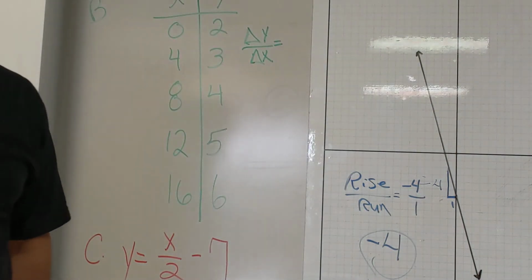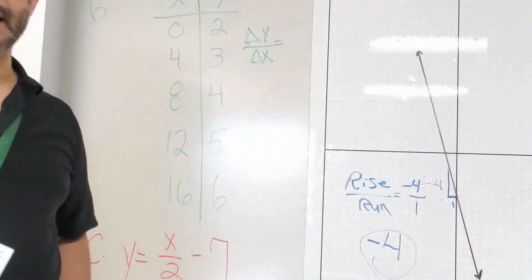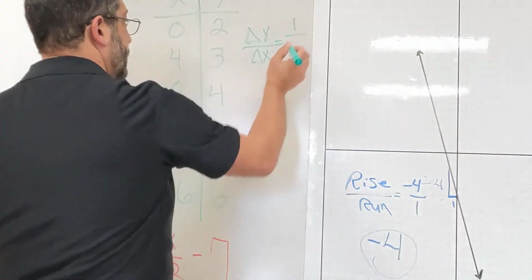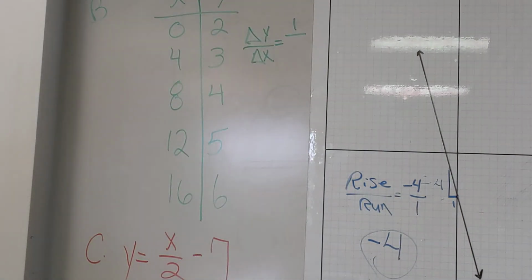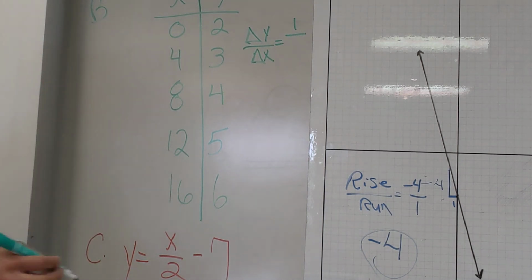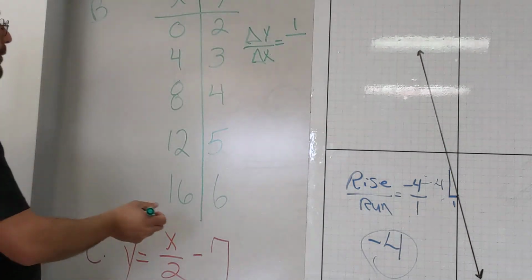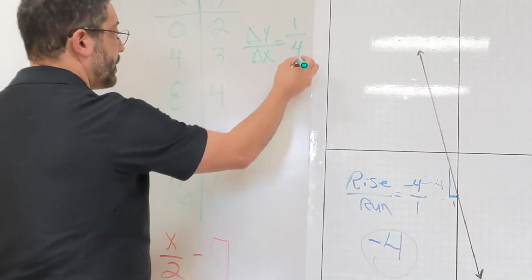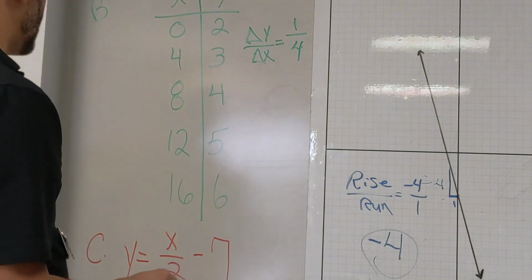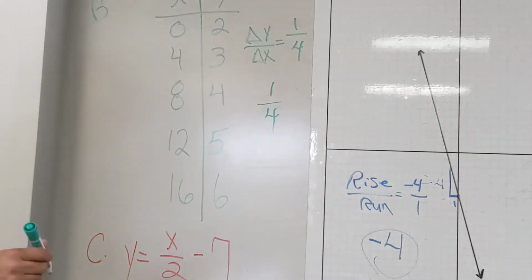So let's start with my change in y. 2, 3, 4, 5, 6. So that's changing by how much? 1. Okay? Then my change in x is 0, 4, 8, 12, 16. So here I counted up by 1. Over here I count up by 4. So my change in x is going to be 4, which means my rate of change for B is 1/4.